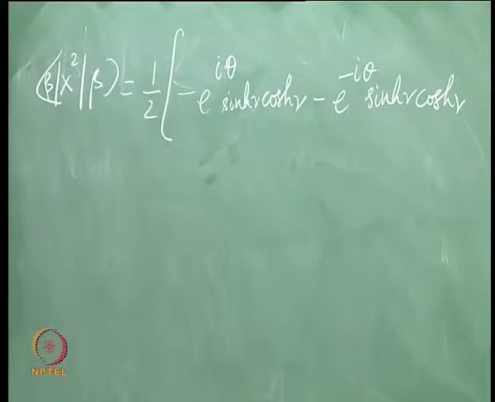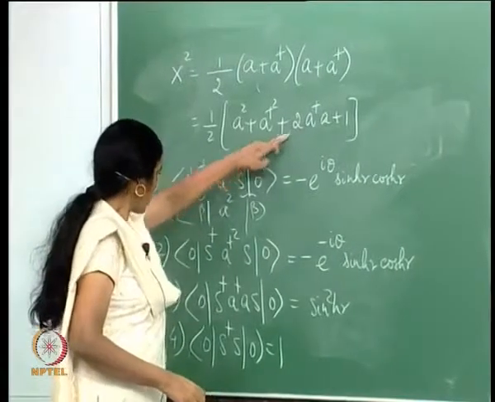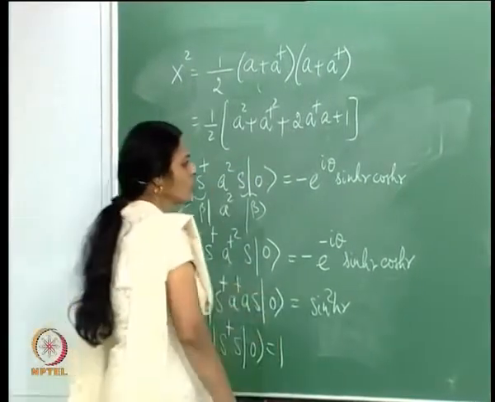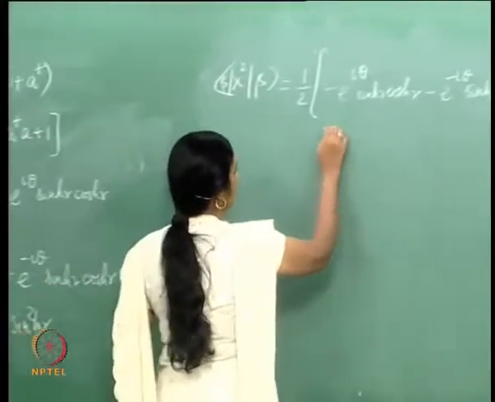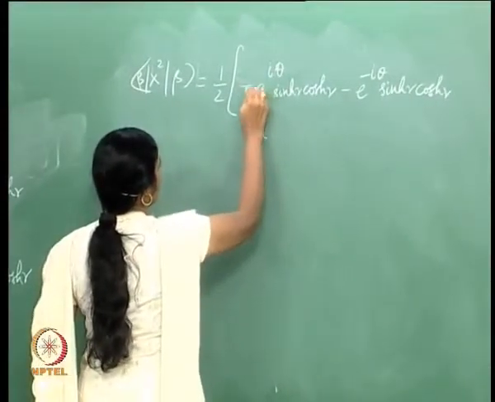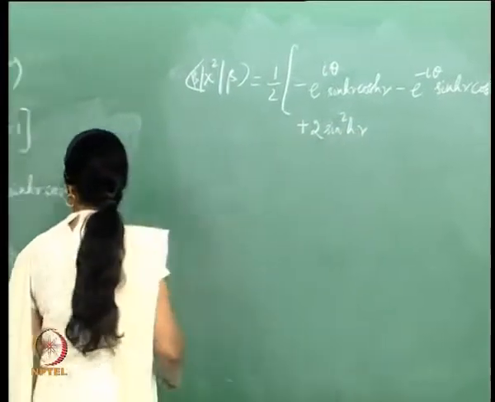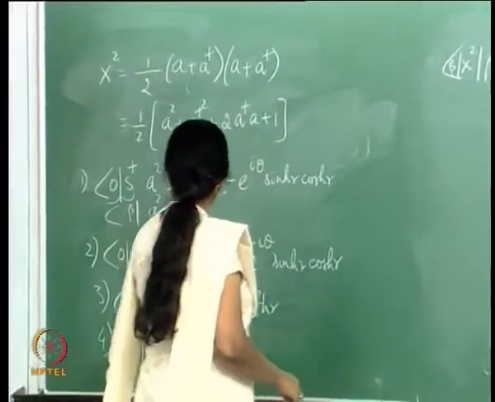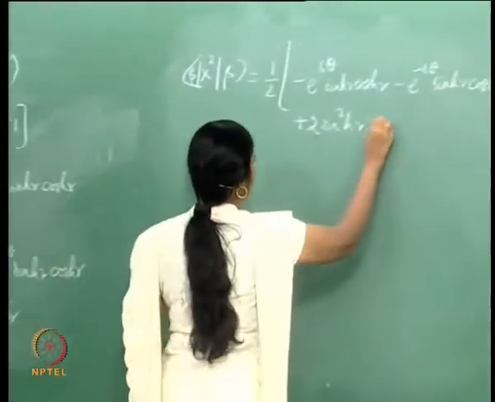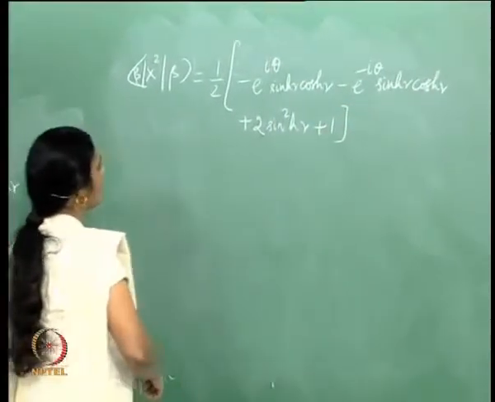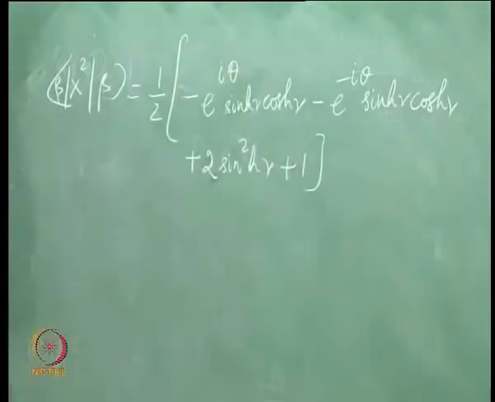So that takes care of A² plus A†² plus twice A†A, that is 2 sinh² r, plus 1, and that is just a 1 there, and the whole thing multiplies half.